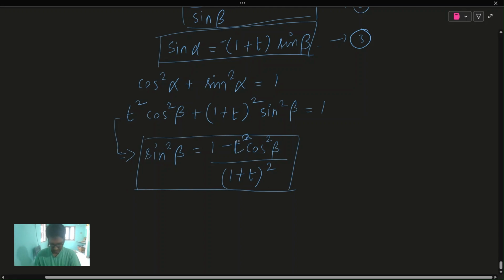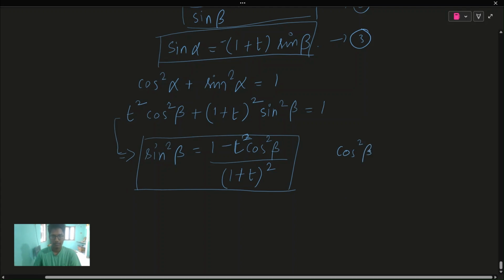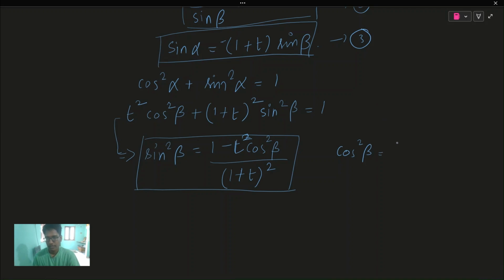Same way you would get cos square beta is equal to t square plus 2t divided by 1 plus t the whole square. Sorry, t square plus 2t plus t plus t plus 1 would give me 2t plus 1.